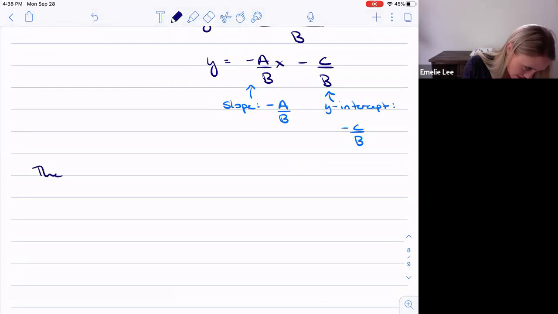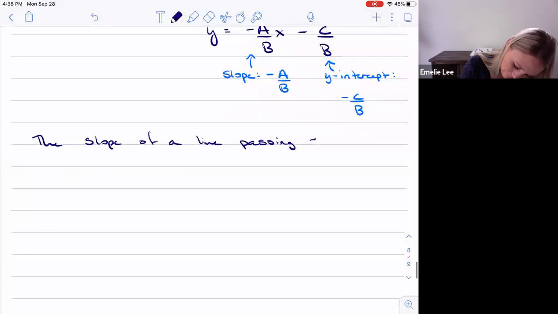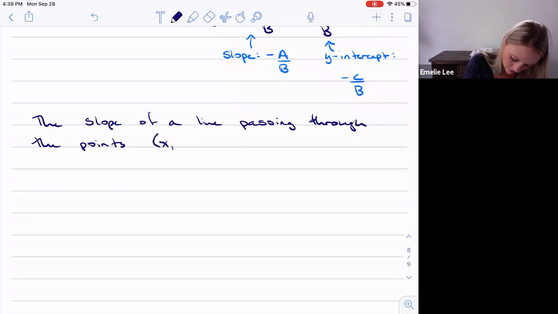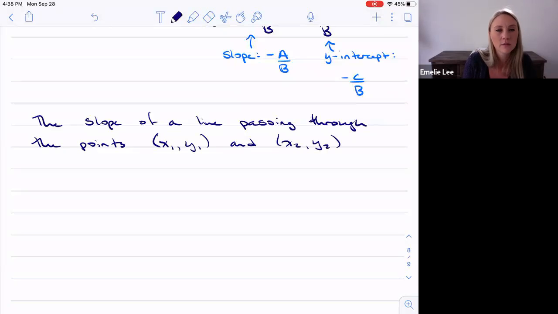So the slope of a line passing through the points x1, y1, and x2, y2 is the steepness of that line, right?